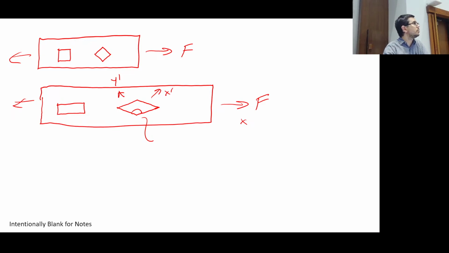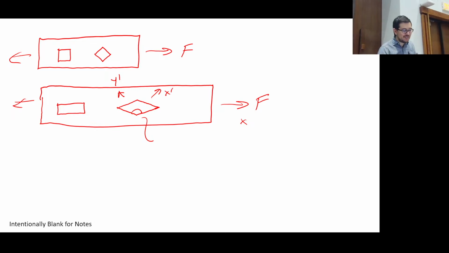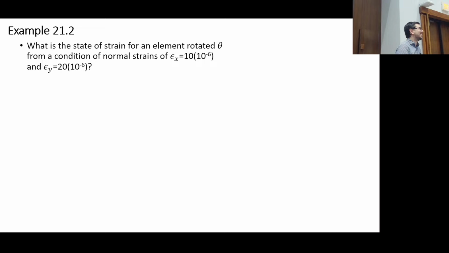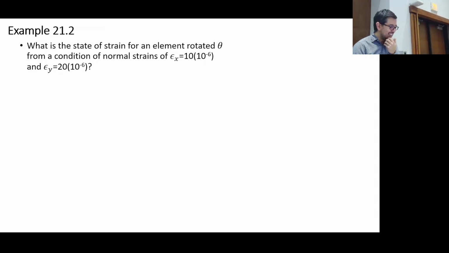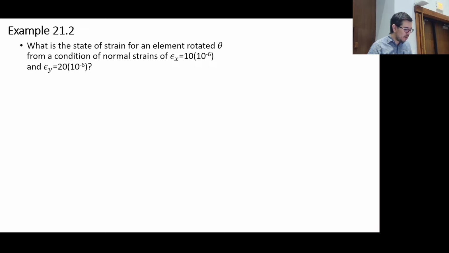So for stuff like this, can you think of a problem you would ask? Okay, a problem I would ask. Well, how about that, Michael? Here's an example. What is the state of strain for an element rotated theta from a condition of normal strains of epsilon x equal 10 microstrain and epsilon y equal 20 microstrain?